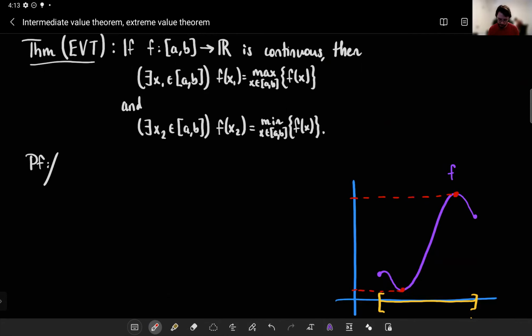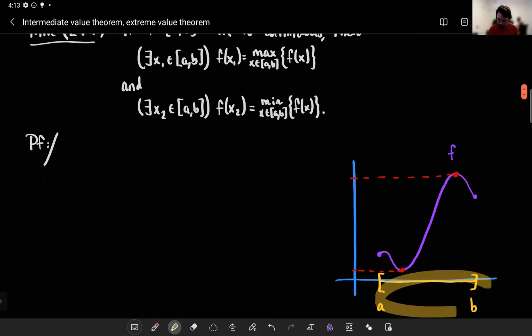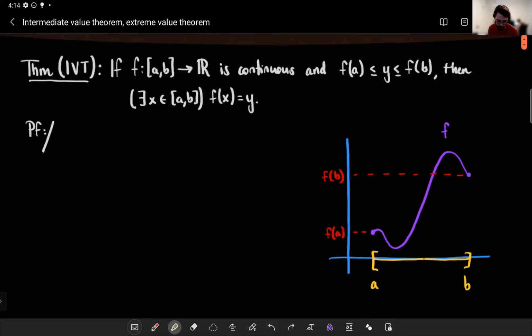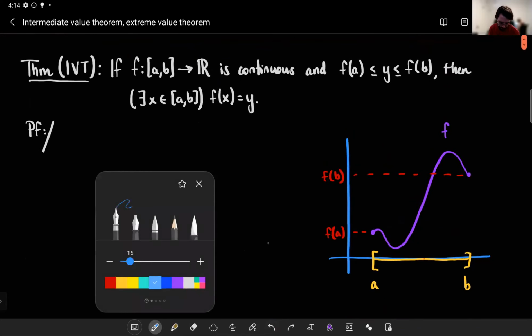If you start with some closed interval as your domain, you're actually allowed to change this closed interval to any compact set. Of course, in the real numbers, compact is the same as closed and bounded, so it makes sense to just work with this in the calculus case. But in general, you can work with compact spaces. And the proofs for those are not much more complicated than what I'll show here.